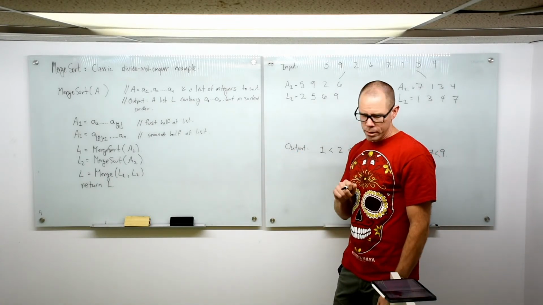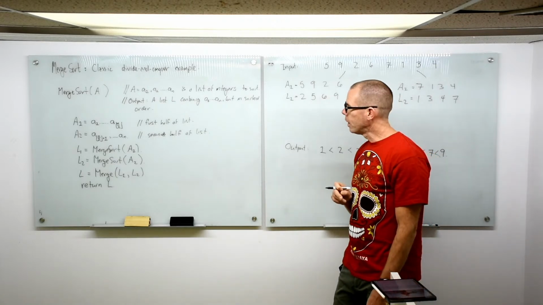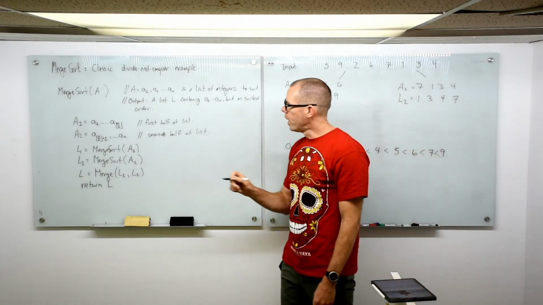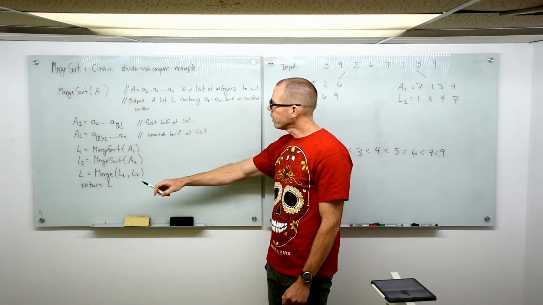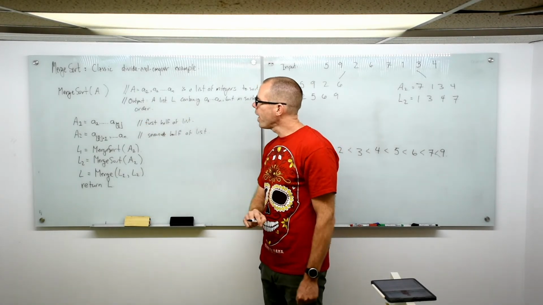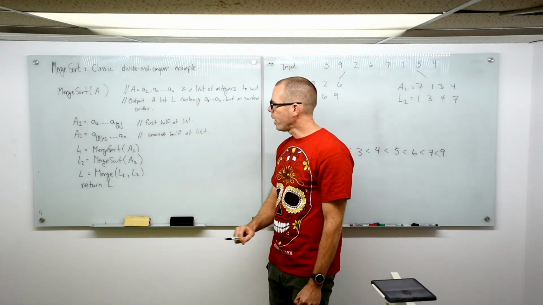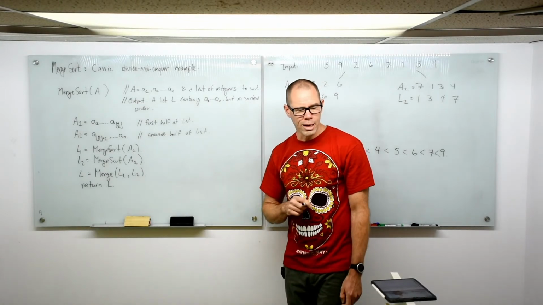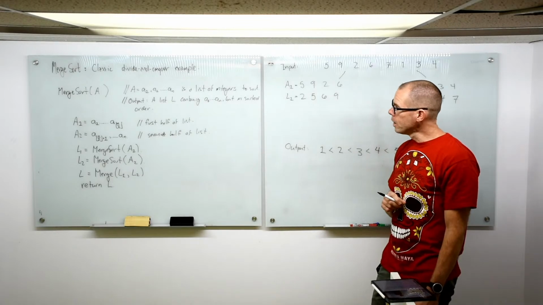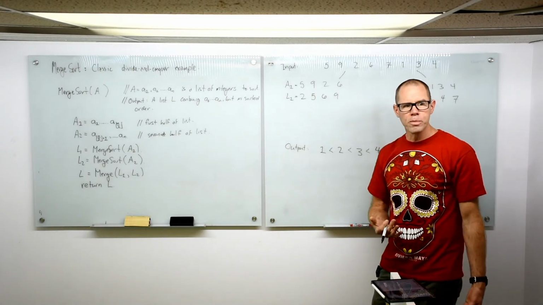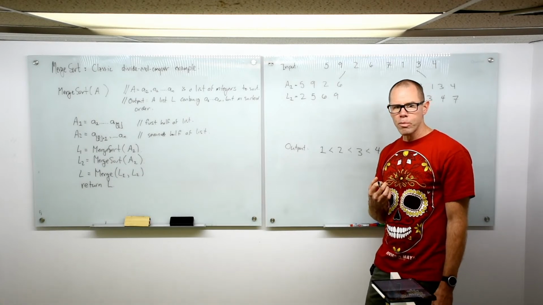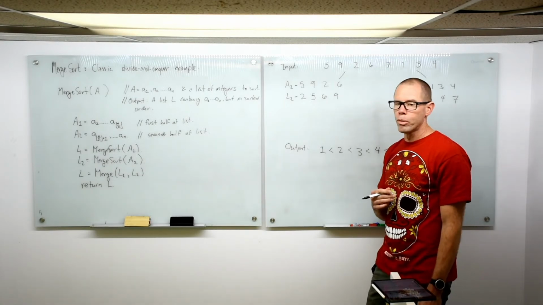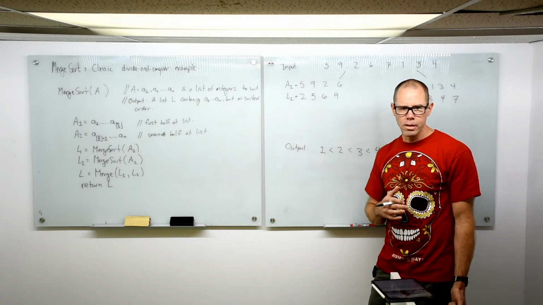But the other thing that some of you maybe noticed is, well, this is a recursive algorithm now. To call merge sort A, I end up calling merge sort A1 and merge sort A2. And recursive algorithms always have an important part, the same way that inductive proofs always have an important part, and that's the base case.